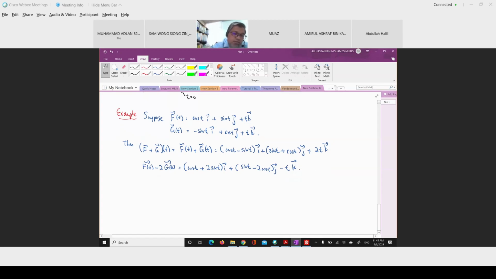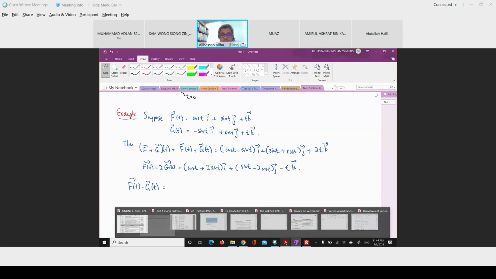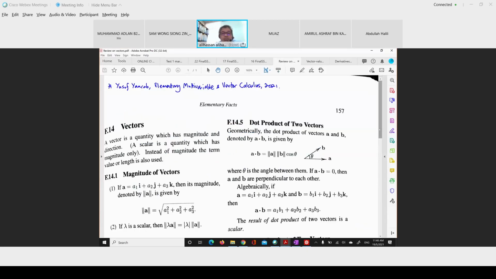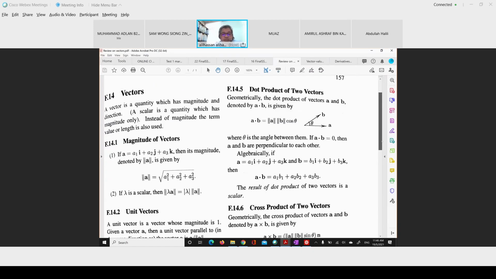Next we want to find the dot product of the vector functions F and G. You need to recall how you find the dot product of two vectors. This is given also in the book by Yusuf Yaqub in Appendix F. If we have vectors A and B, the dot product is A1 B1 plus A2 B2 plus A3 B3.